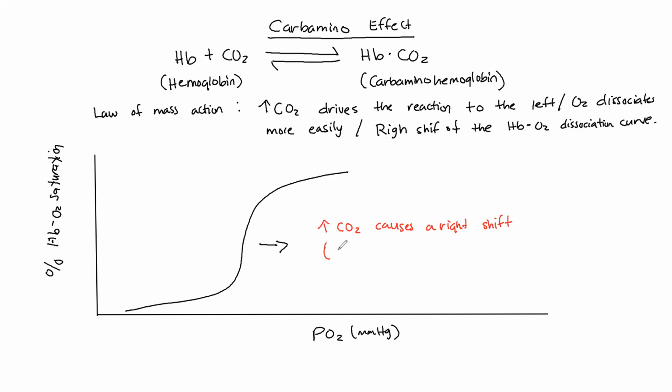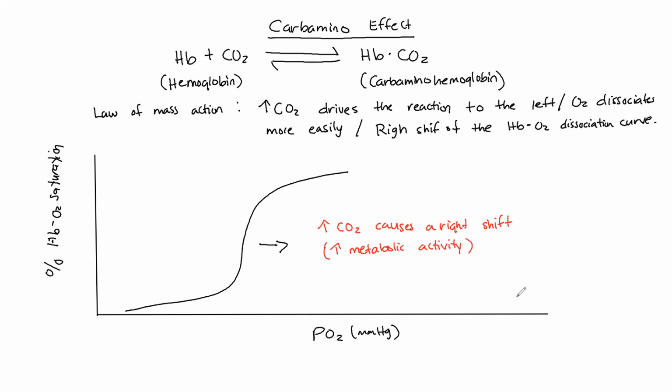And we can also think about increased metabolic activity here as well. Right? Tissues that are respiring more are consuming more oxygen and producing more CO2. And so it's advantageous to have oxygen easily dissociate if the tissues are producing more CO2, so that more oxygen can move into those tissues and deoxygenate them.